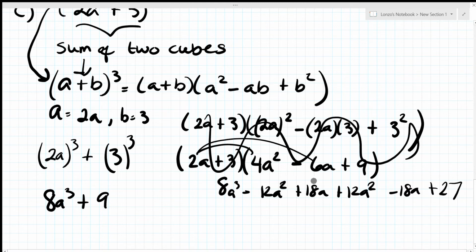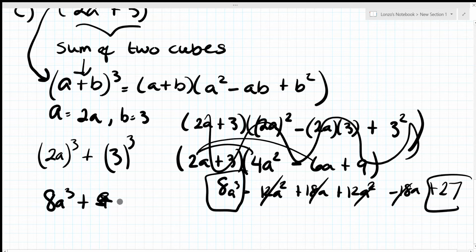Things cancel: this 12a squared, this 12a squared, this 18a, 18a. You're left with 8a cubed and 27. So this 3 cubed is not 9, it's actually 27. So that's your final answer: 8a cubed plus 27.